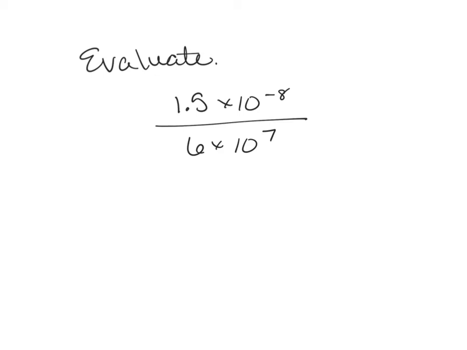Let's try division. It works pretty much the same way. We're going to start with our numbers, only now we are going to divide. And again, use a calculator. 1.5 divided by 6 gives us .25. So we're going to leave it that way for right now.